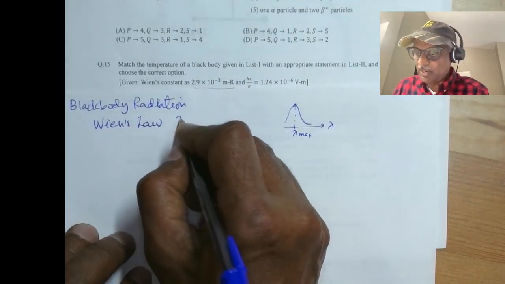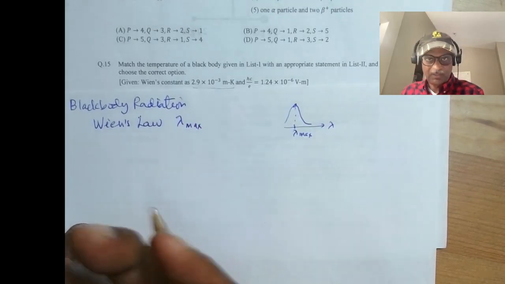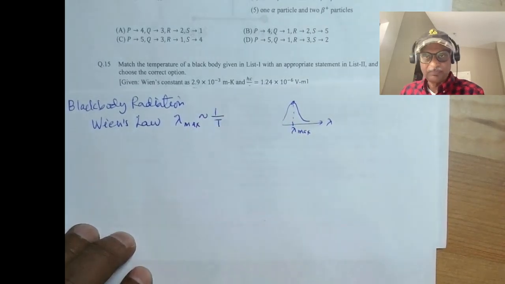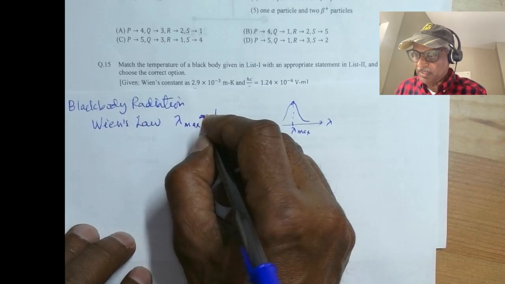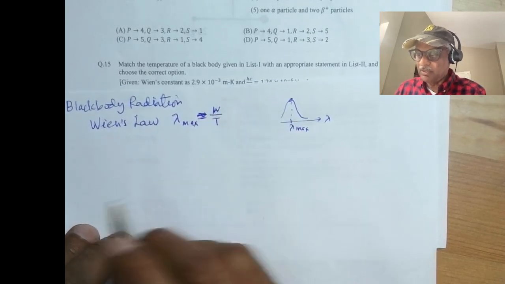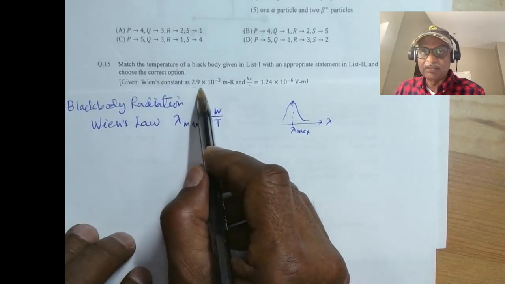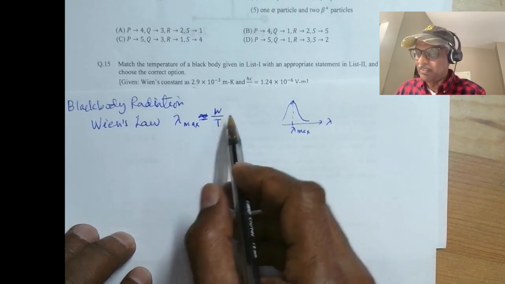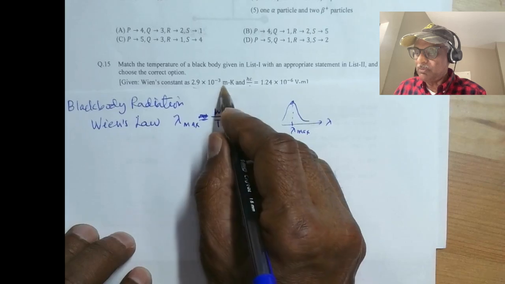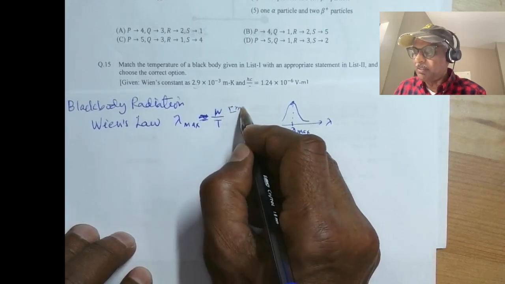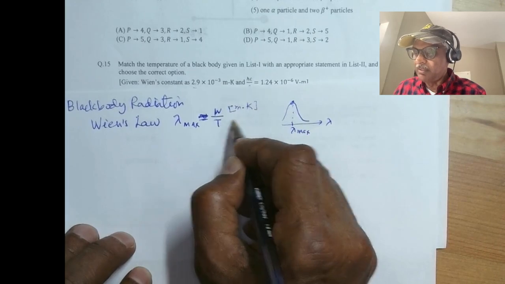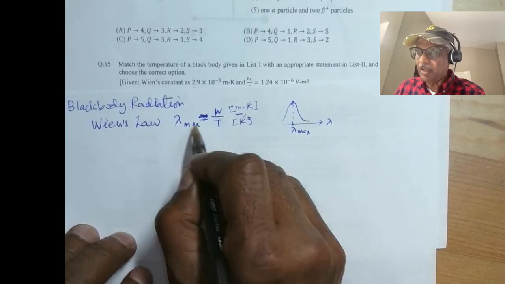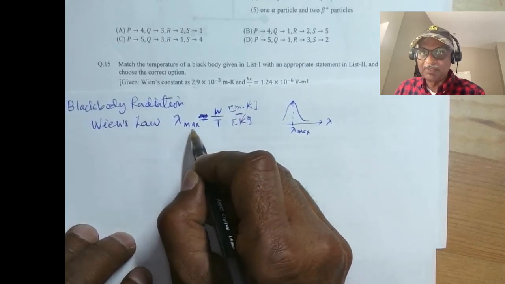Lambda max goes as 1 over temperature, and if you make it equal to a constant, that's the Wien constant. You can even guess the law will be like this just from the units. The unit is meter times Kelvin, and Kelvin cancels out, and this will be meter, the unit of wavelength.